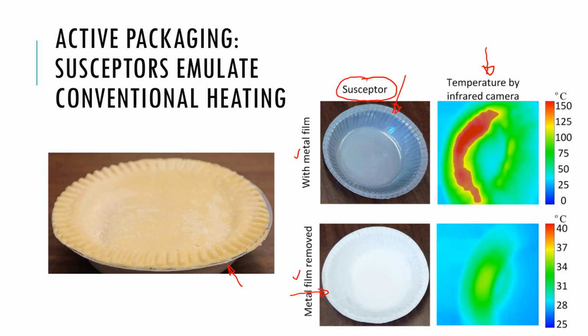without any food present, in either case, are heated for 5 seconds, and then the infrared camera takes the picture, and you can clearly see that the one with susceptor is a lot hotter than, of course, paper, which does not even absorb microwave energy.